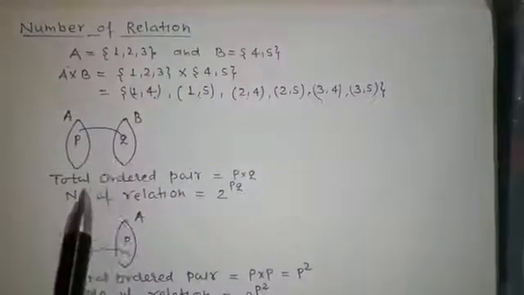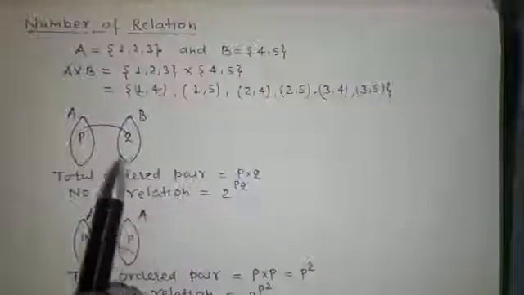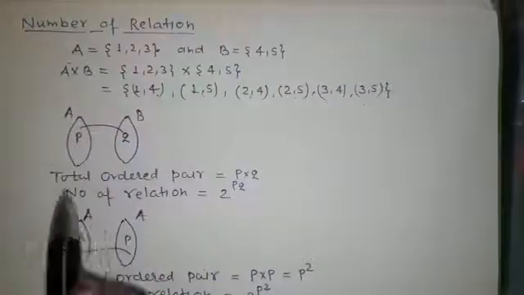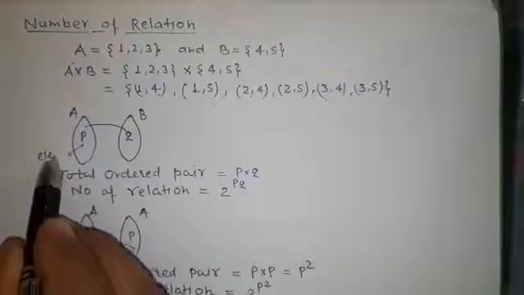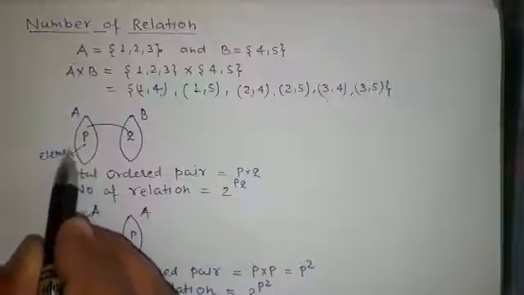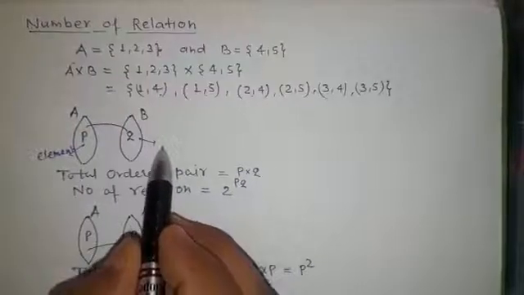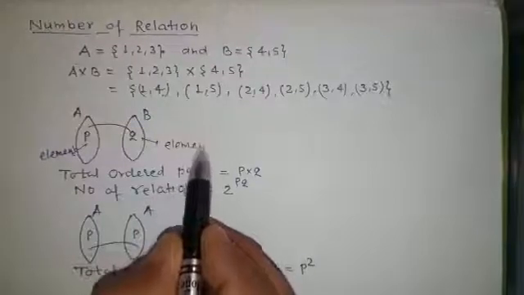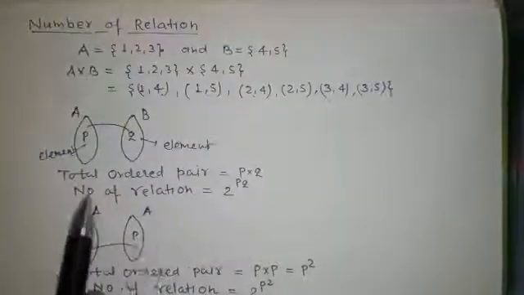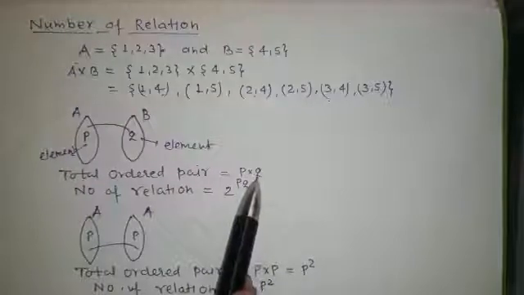So total number of ordered pairs is P into Q.